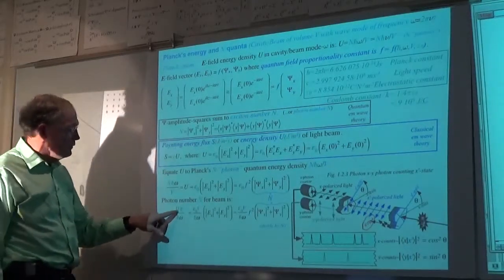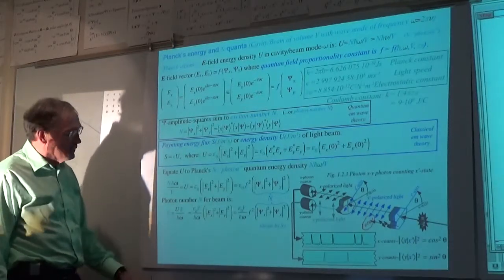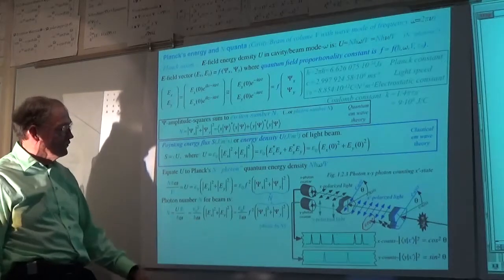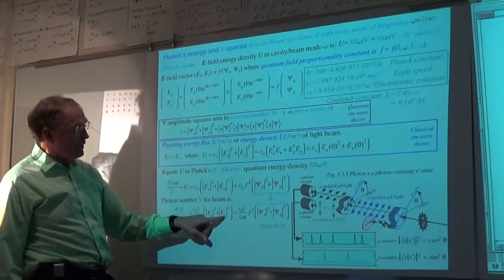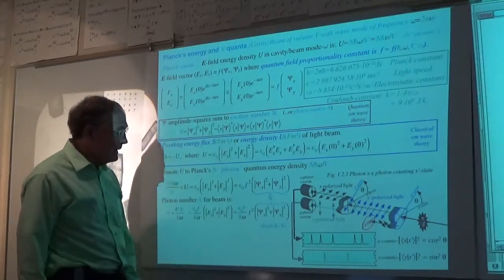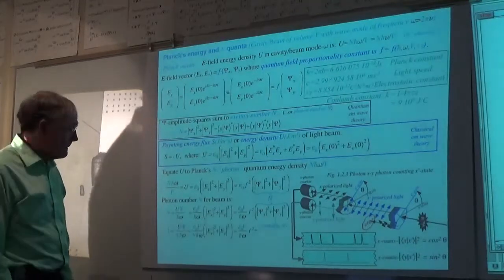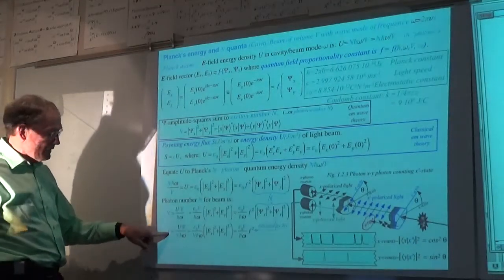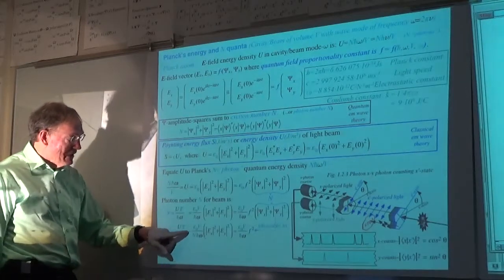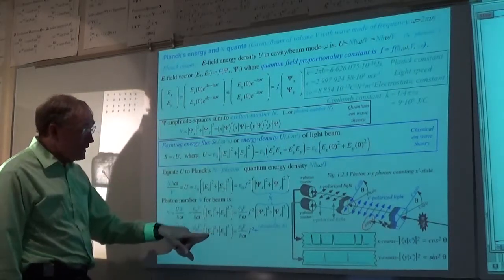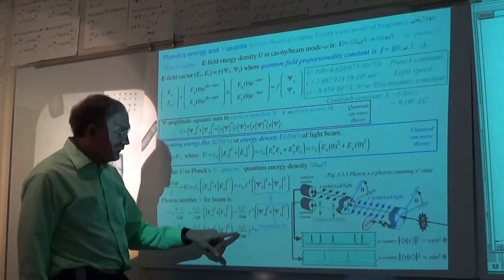N would be UV over h bar omega. We're using the angular frequencies here. Usually turn that into h nu. So we got epsilon V, then the sum of the squares, which is N. Now we're going to divide by N. You get 1 equals UV over N h bar omega. That's epsilon V, sum of squares of electric field. But this is already N, so we divided that out.